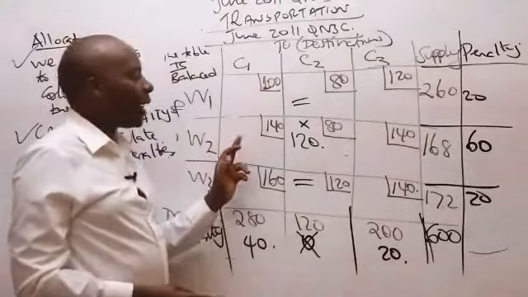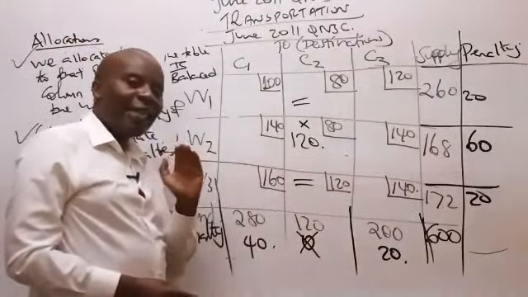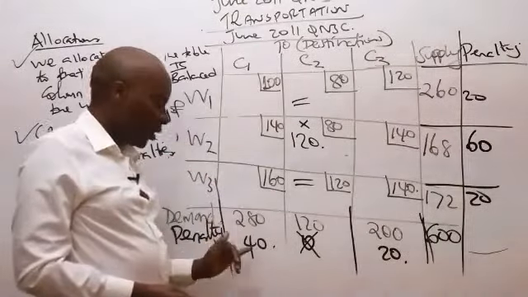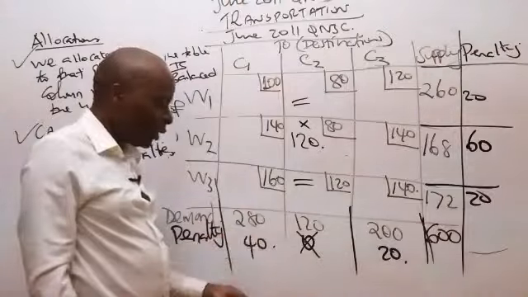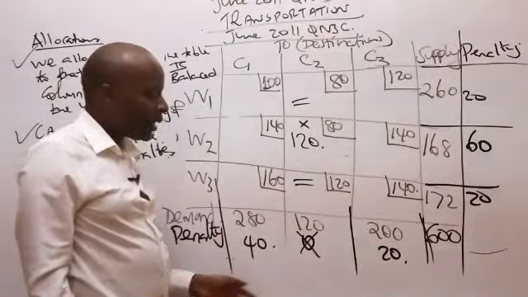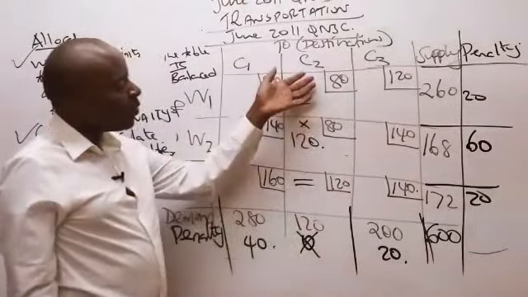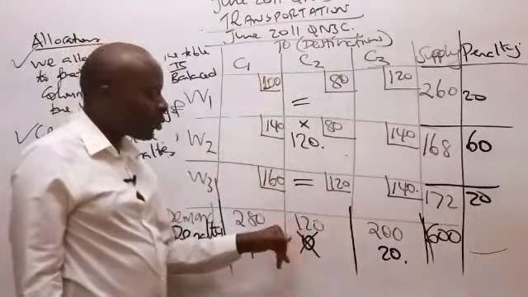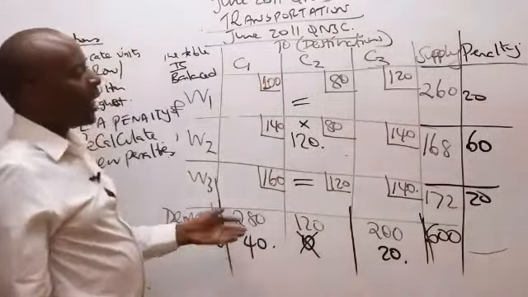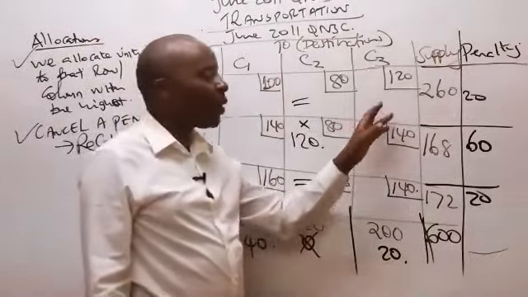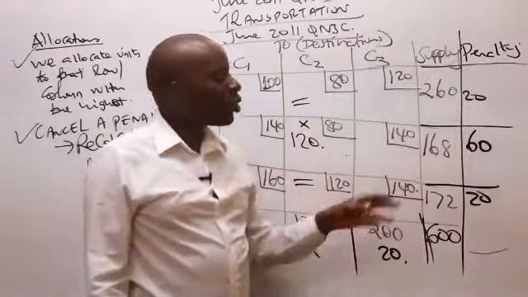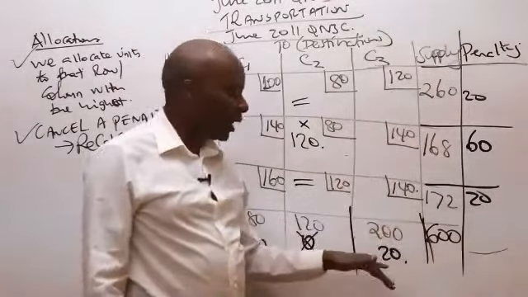So 100 minus 140 gives me a penalty of 40. So I just leave it like that. The second column penalty, I'll not look for because already the column is cancelled. Come to the third column, the very best is 120. So 120 vis-a-vis 140 still gives me 20.